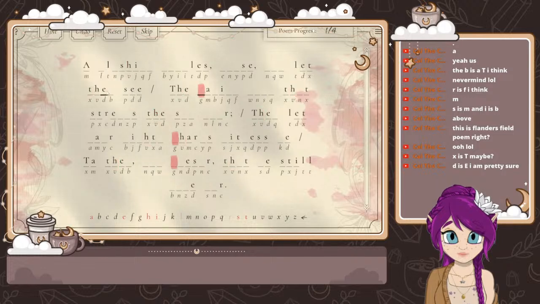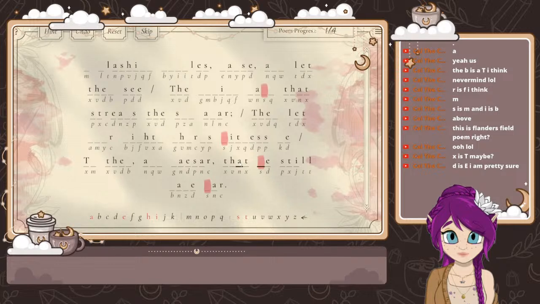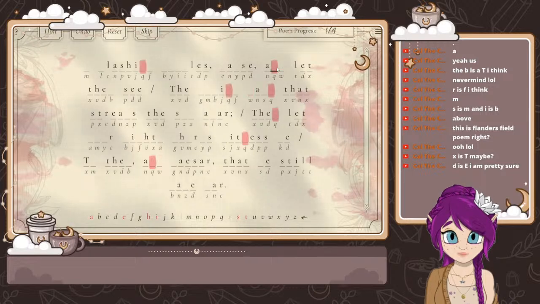C's possible. The C, let. Ta? Ta is weird. I'm feeling this is A. This might be like a weird letter of some sort. This might be "and". Yeah, this is "and", because there's two of them.